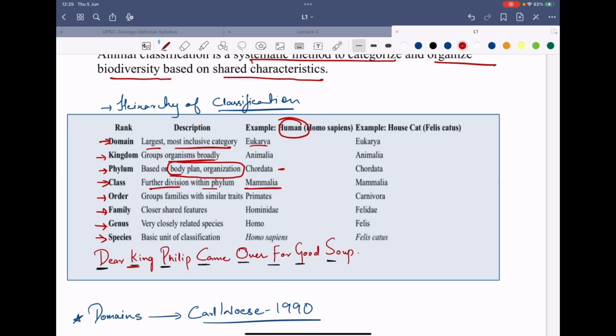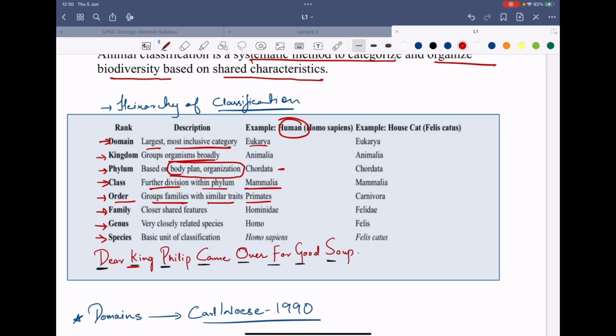Mammalia is a further division within the phylum, and these classes have shared characteristics at the level below the phylum. Then the classes have been divided into orders. Orders contain families, groups with similar traits, like primates.